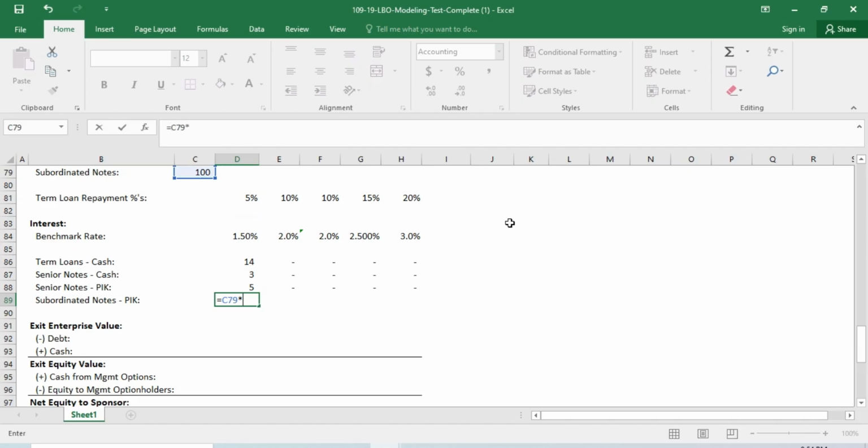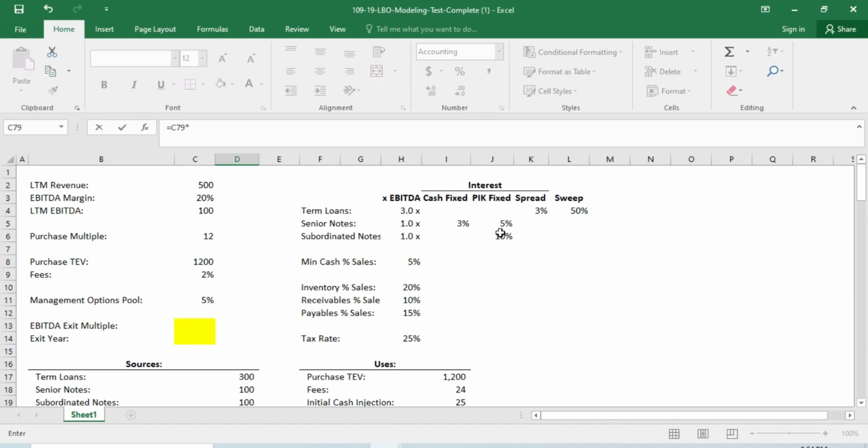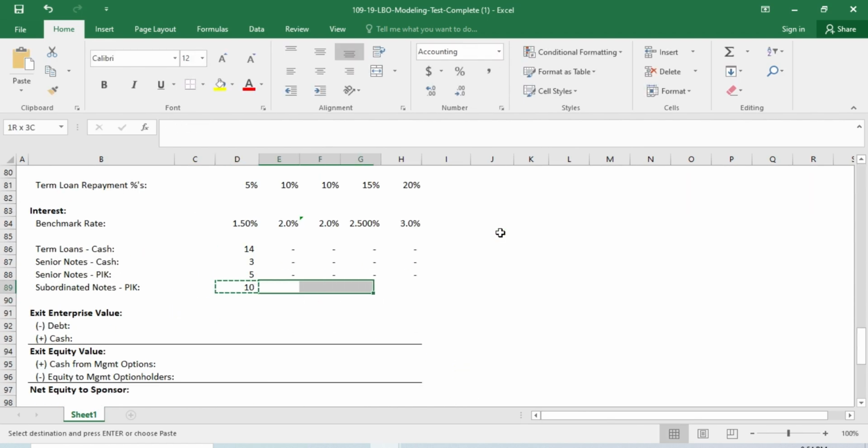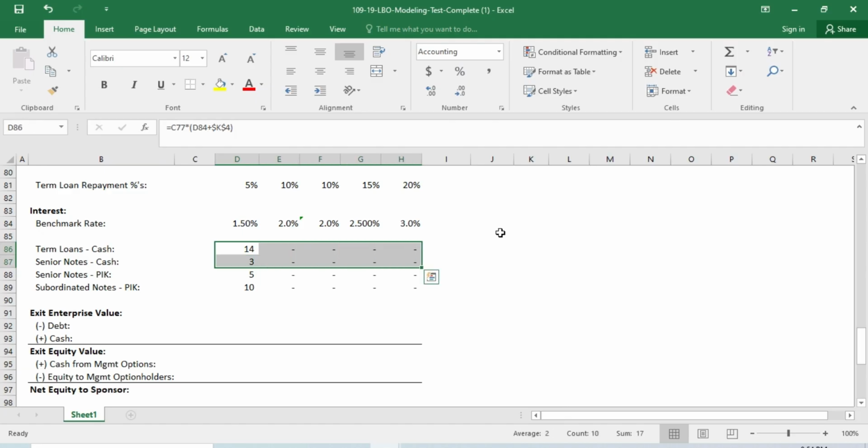Sorry, percent. Then we will do the same and then we will add 0.5%. Okay.